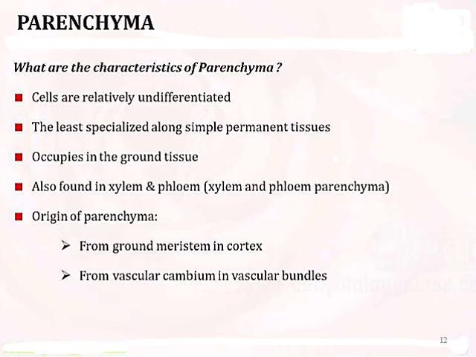In leaves, protoderm and the ground meristem give rise to parenchymatous epidermis and mesophyll respectively. These parenchyma cells exhibit majorly a spherical shape, but in some cases they may be polygonal or polyhedral.